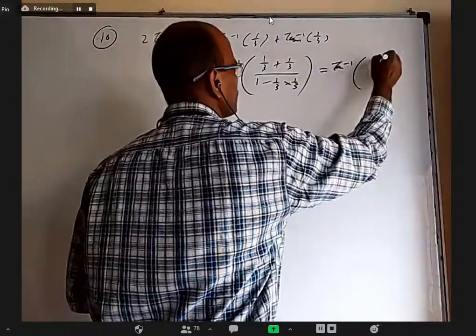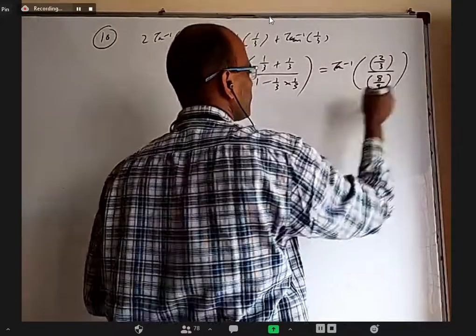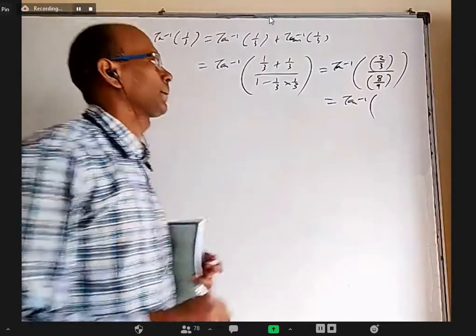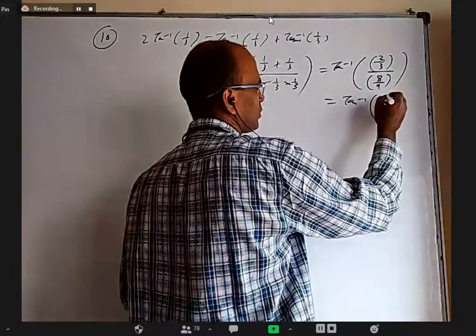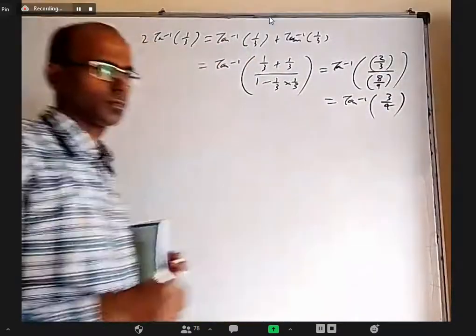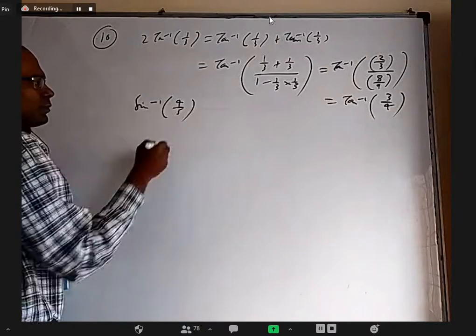This is tan inverse 2 by 3 by 8 by 9, which is tan inverse 3 by 4, and sine inverse 4 by 5.